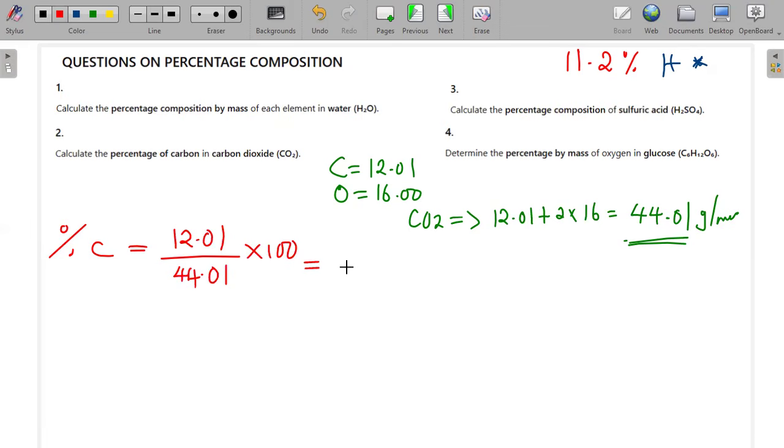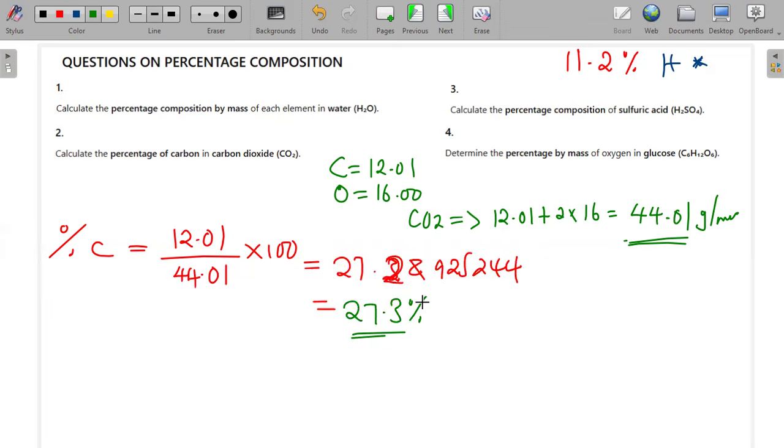Then I multiply by 100. So I'm finding 27.3892524. I'm just going to round this off to one decimal place. So I'm just going to say 27.3%. Again, this is a very important fact when you are talking about combustion analysis.